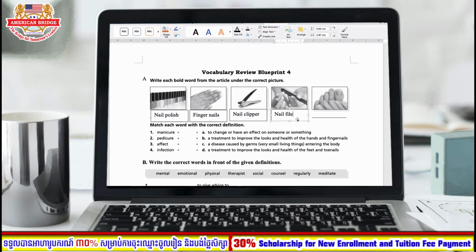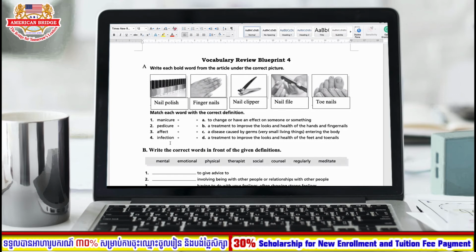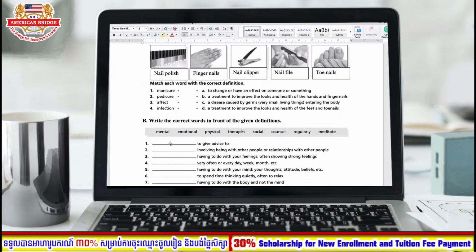So it's used to smoothen your nail. And the last one, beside the fingernail that is on your finger, this one is toenail. All right, thank you. And for the other 4 vocabulary, I think you should take time to do it yourself as classwork, because it will give you a mental exercise in order to recall those important vocabulary.